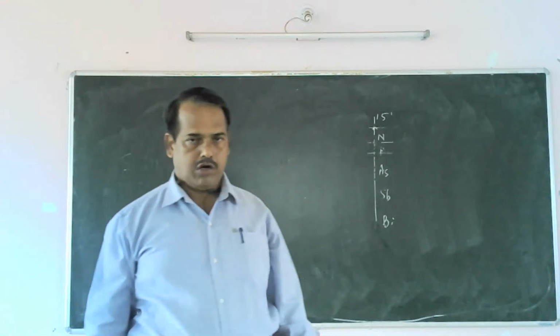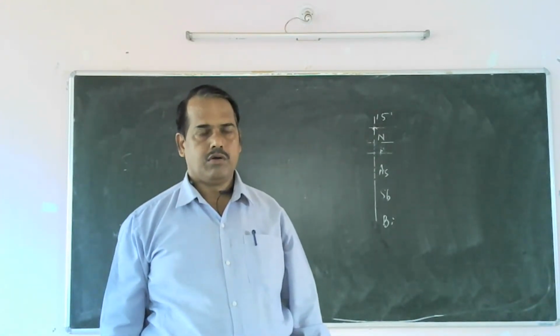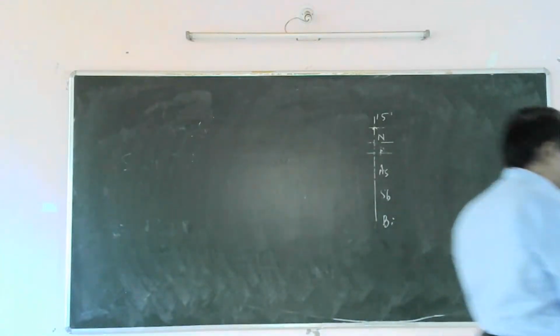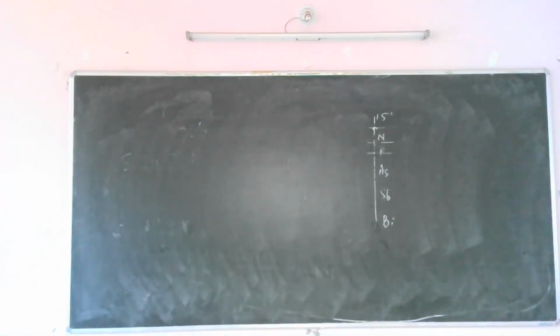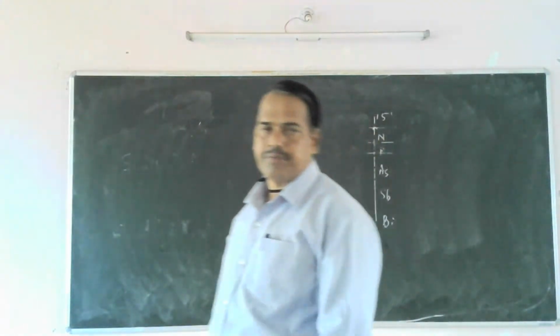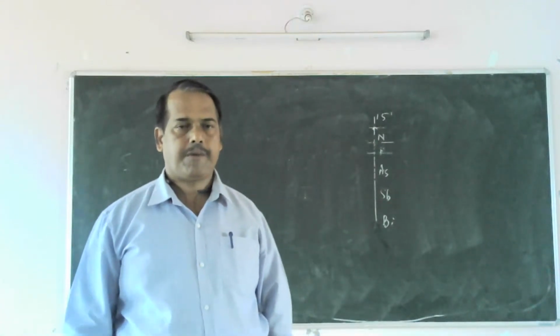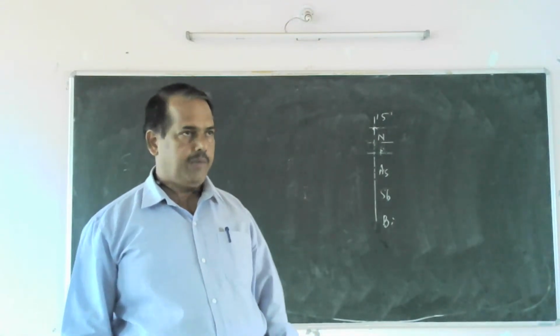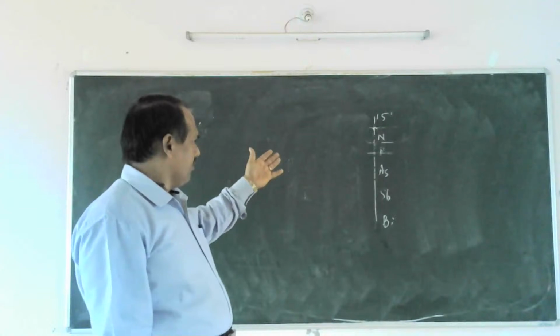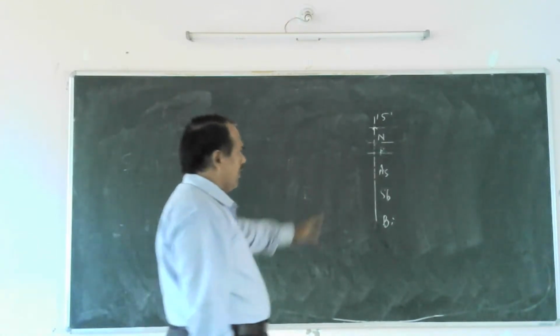So today we shall continue our discussion on other characteristics. See, the 15 group elements: nitrogen, phosphorus, arsenic, antimony, bismuth.